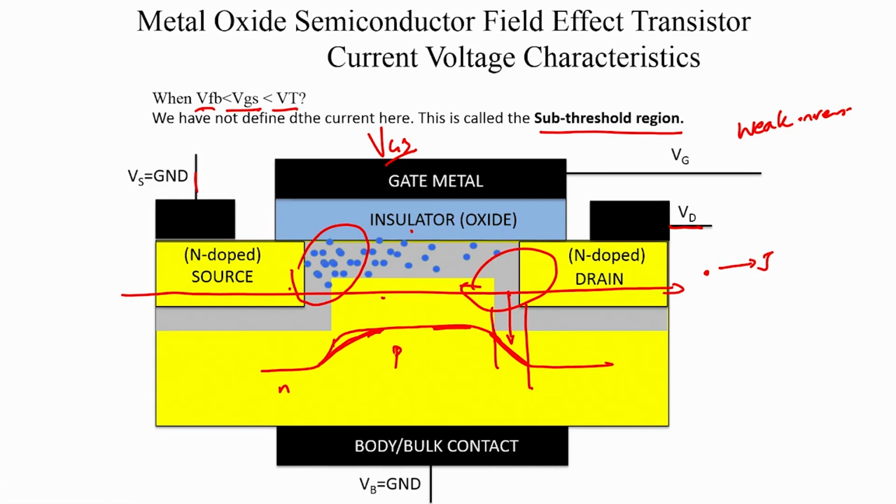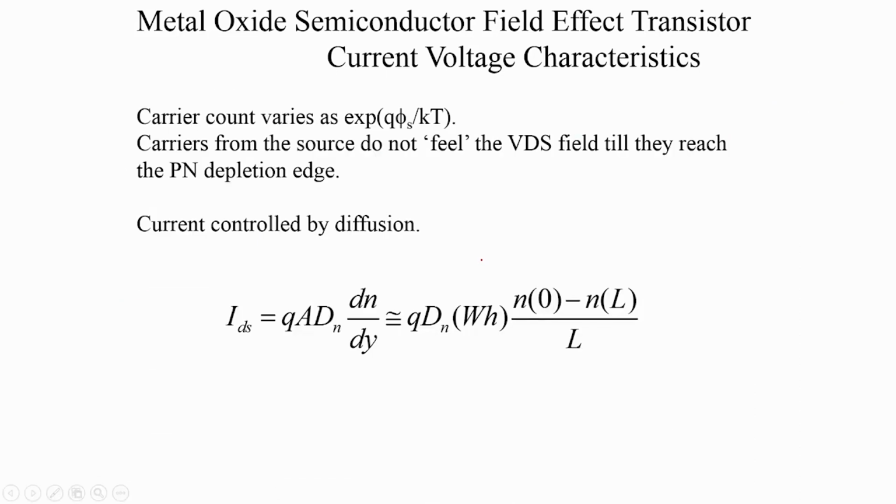And therefore, these electrons really cannot feel the drain to source field till they have reached this depletion boundary. So, the electrons need to migrate from here to here into this depletion boundary before they actually start drifting towards the drain. So, what do you think would be the mechanism by which the electrons injected here could move to the other side?